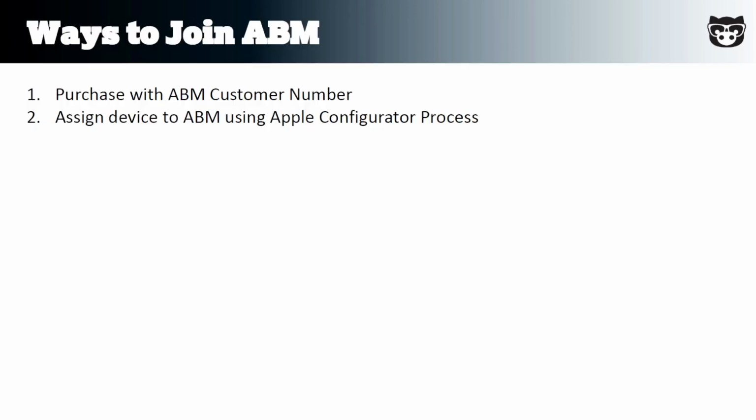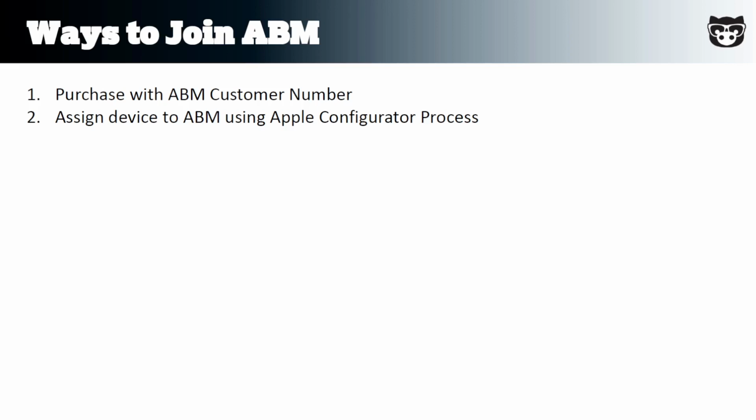There are two ways to join devices to Apple Business Manager. Both of them do require that you already have an Apple Business Manager account set up. So the first way is when you purchase your devices after your account is set up, make sure that the Apple purchasing agent or the customer care person you're working with has your ABM customer number.